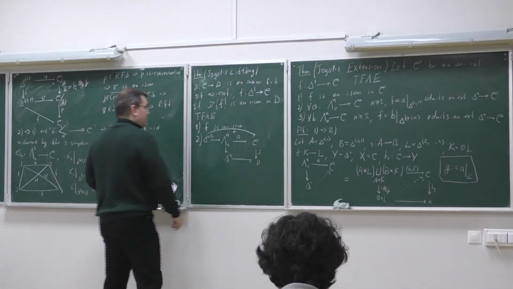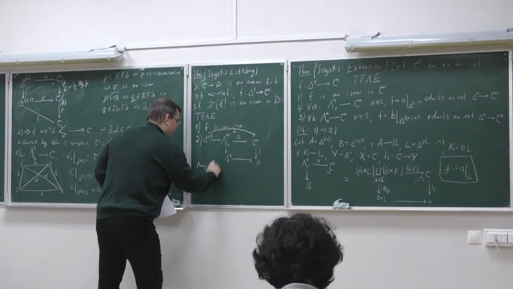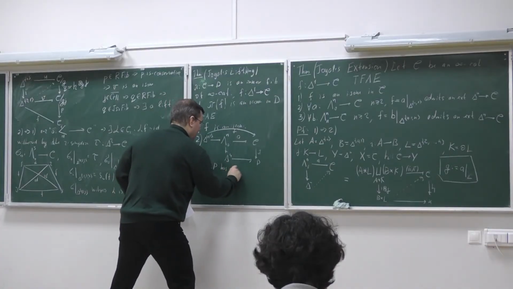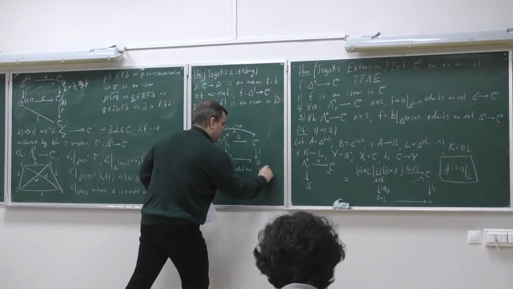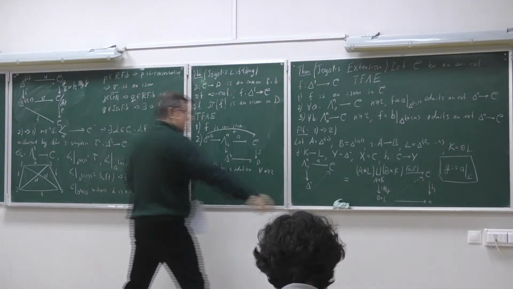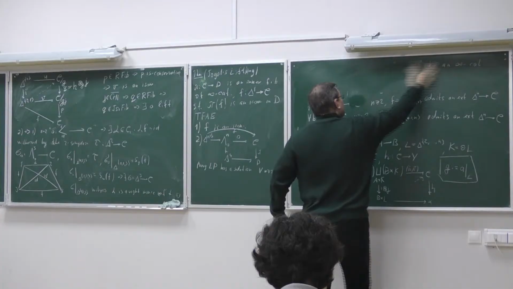So the condition is that every lifting problem, LP for shortness, has a solution, and that is for any n starting with 2. So this is condition number 2, and there is condition number 3, which is dual to 2.